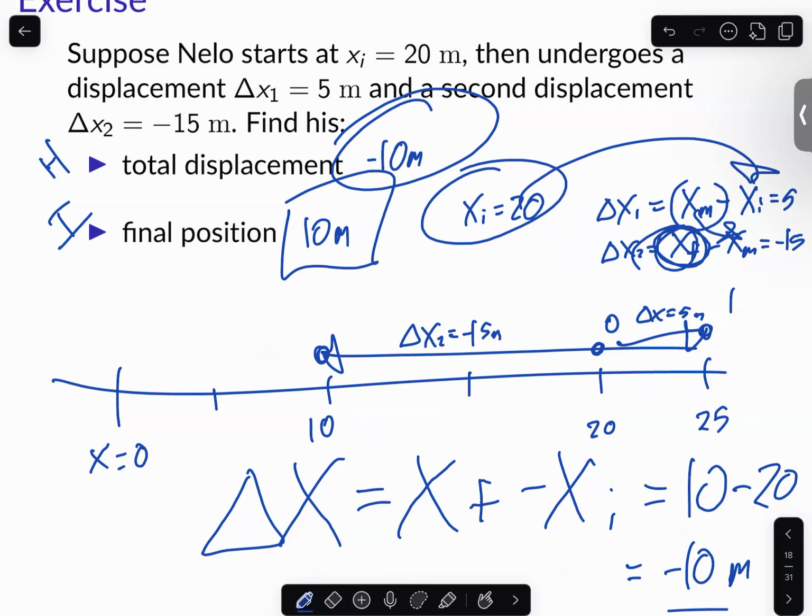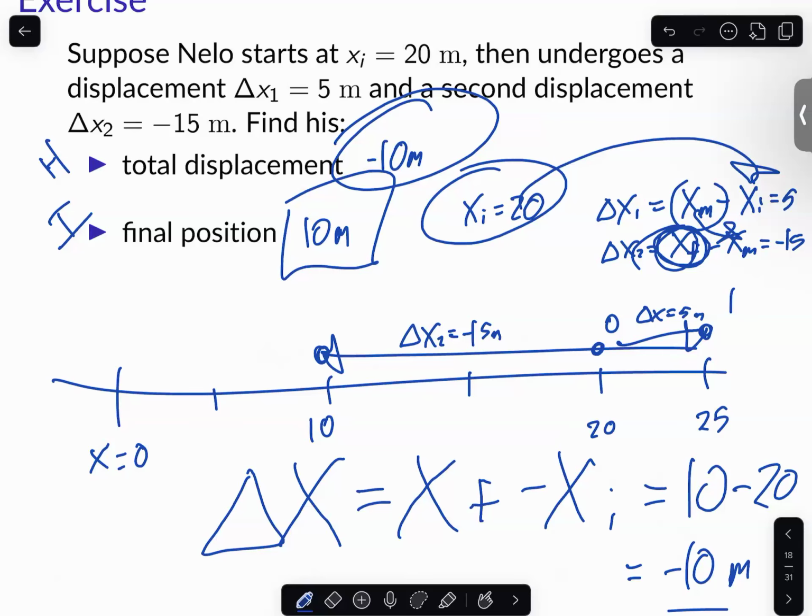What it means to have a displacement being positive is you're moving in the positive direction, increasing your number. Final minus initial. Final minus 20 equals 5. What can I subtract 20 from and get 5? 25 minus 20 is 5.